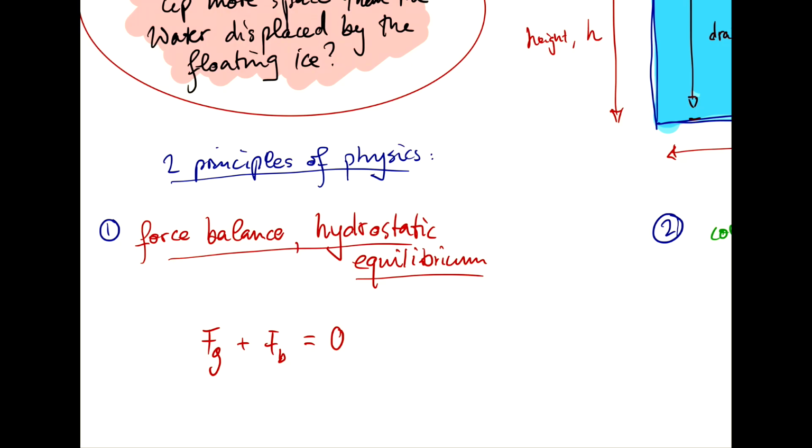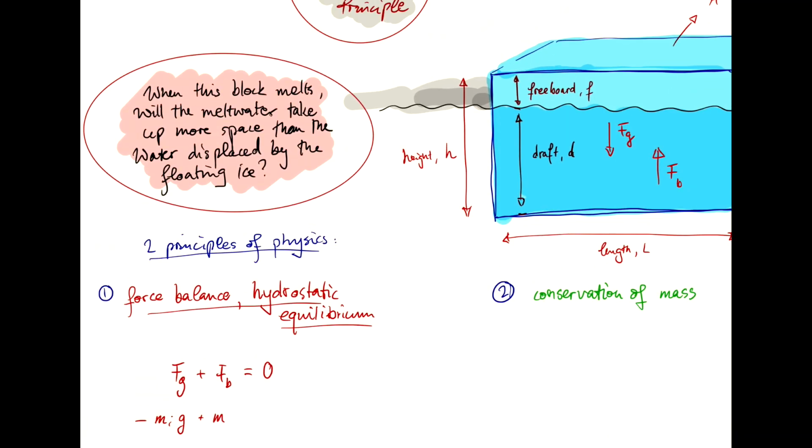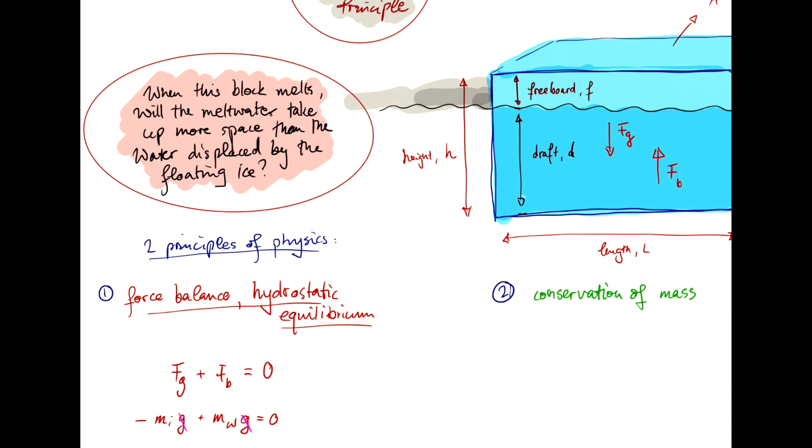Now Fg is just minus m, the mass of ice, times g, plus Fb, and Fb is the mass of the displaced water times g. We can see that we immediately can cancel the g, and so the mass of the ice has to be the same as the mass of the displaced water.